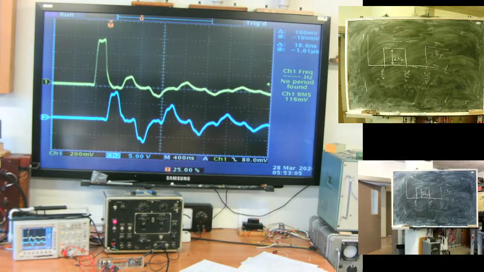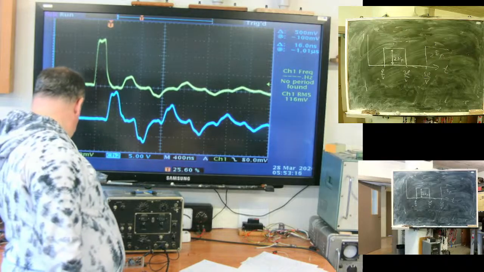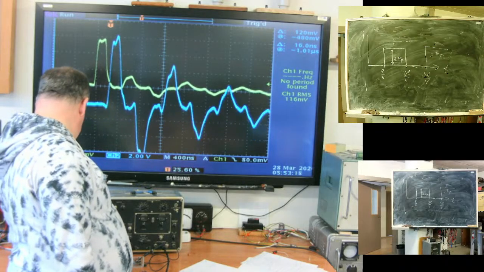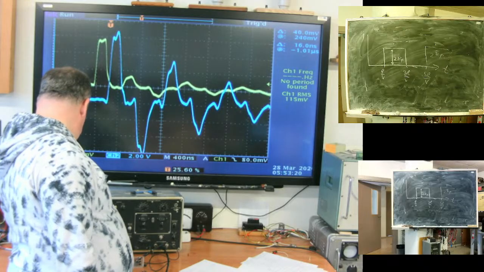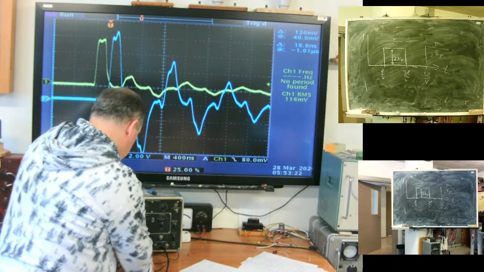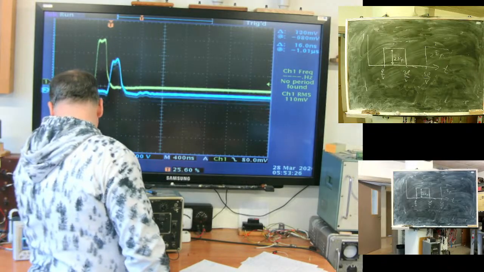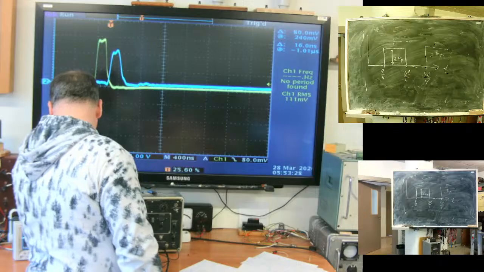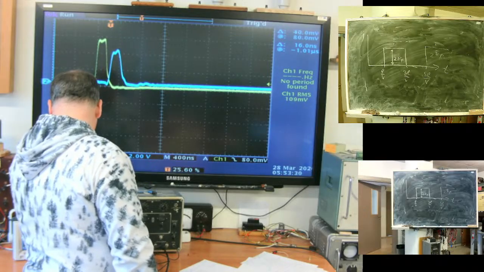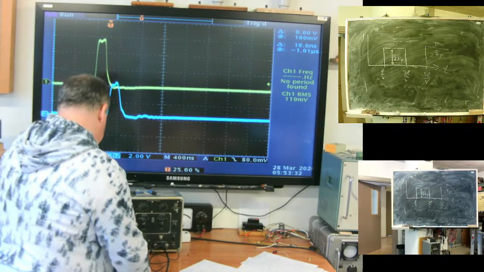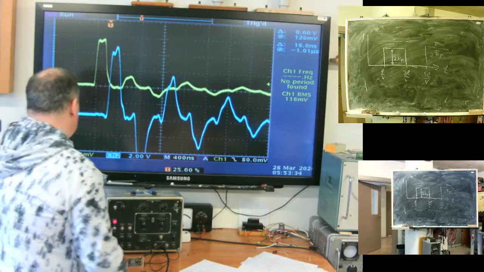Here, the line is opened. What do we see? Line loaded with wave resistance, and line opened.